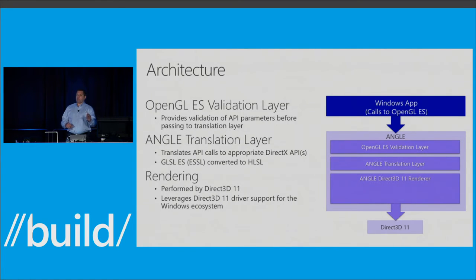GL draw arrays gets mapped to its equivalent, or bind buffer. And then the key thing here, and this was where some of the work had to happen, is translating the GLSL, that's for ES, to HLSL for DirectX. It wasn't as easy as some would think. There's not a direct one-to-one correlation between the capabilities of HLSL and GLSL.